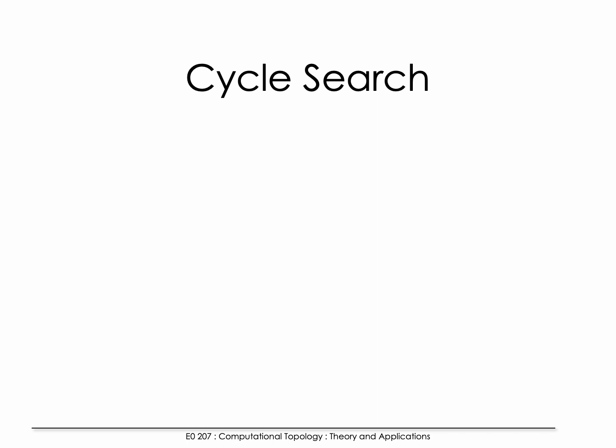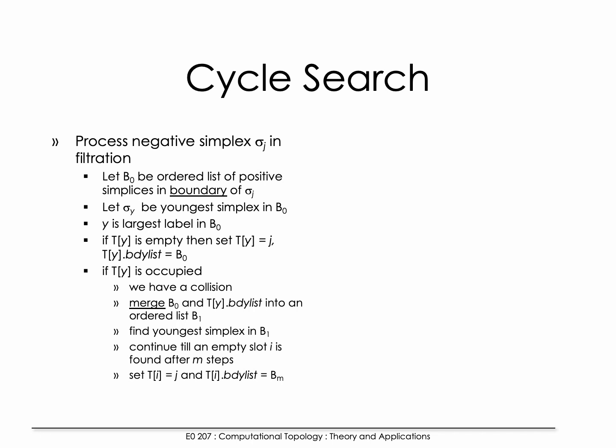So here is the cycle search algorithm. Let's see this step by step, and we will maintain the data structure. I would like to draw just a cartoon version of this data structure.